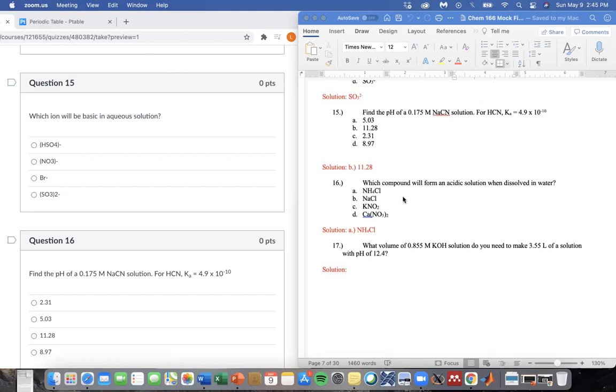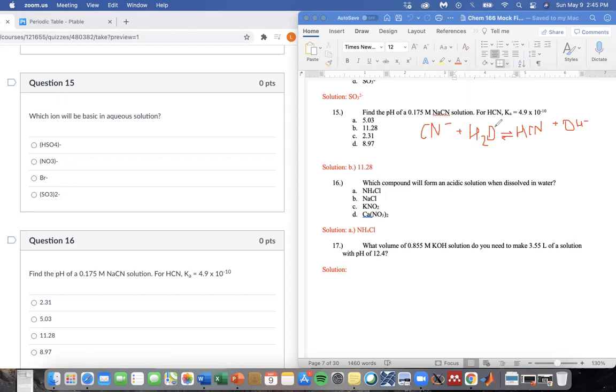And then we have the pH of a 0.175 molar NaCN solution, and you're given the Ka value for HCN. In order to solve this one, what you have is actually a Kb expression, because you have CN minus plus H2O yielding HCN plus OH minus.